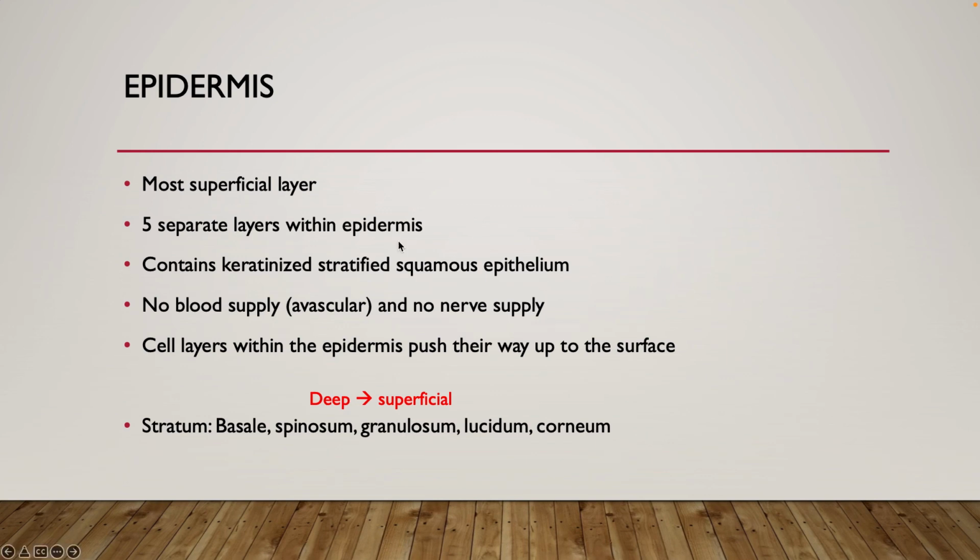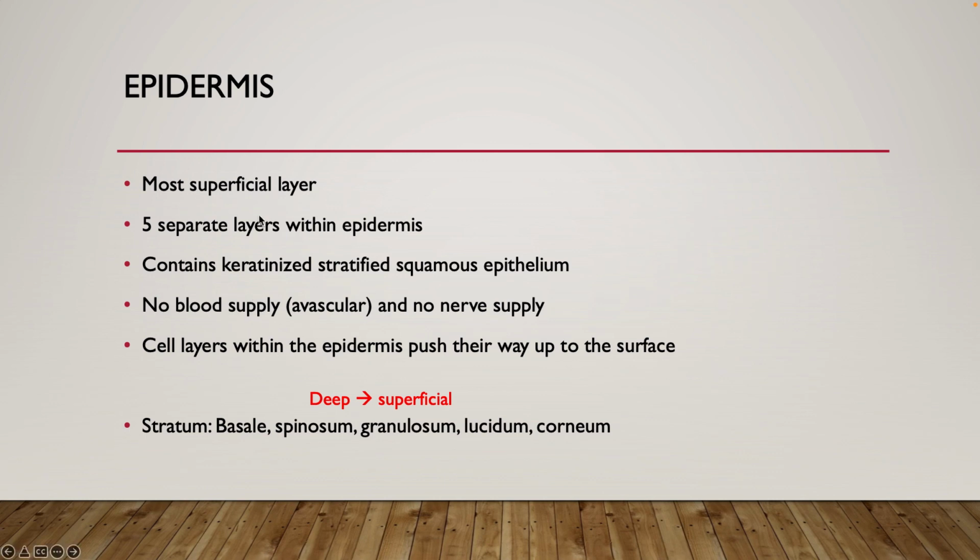We have a stratified squamous epithelium that contains keratin. Sometimes you'll hear it called keratinized. Sometimes you'll hear the word cornified. Both of those are referring to the same thing. Within our epidermis itself, there is no blood, so there are no blood vessels, and there are no nerves. The nerves are located deeper within the epidermal-dermal division, as well as deeper within the dermis.